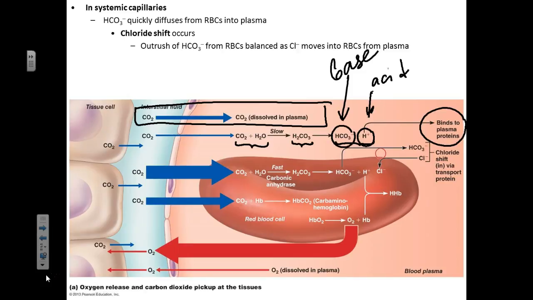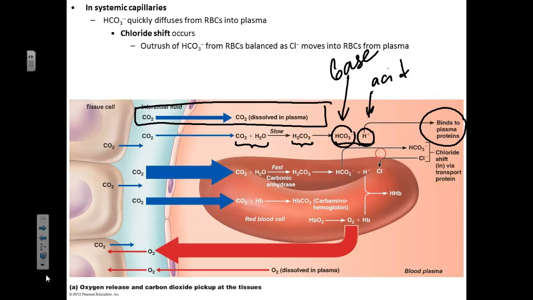So protons are bound by various plasma proteins. When I say plasma proteins, like you have the amino acid named, say, glutamate. Glutamate has this group at the end. If it binds a proton, it becomes this group. Okay? So it can stably bind protons, preventing acidification of the blood. Does that make sense?